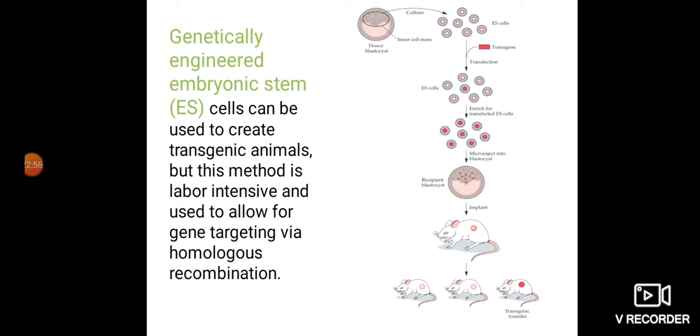Then these transfected embryonic stem cells are selected and enriched. They are put back into the blastocyst, and that blastocyst is implanted into the female, which gives rise to the transgenic mice.